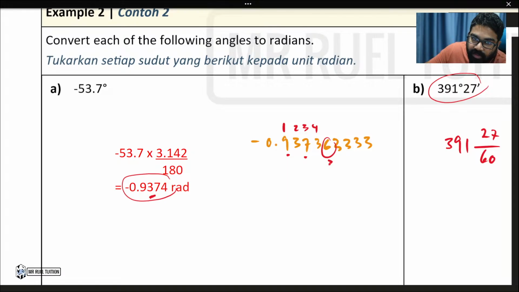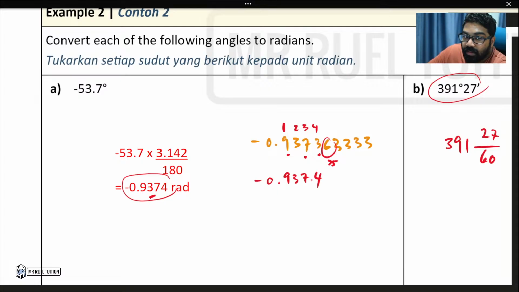Lebih daripada 5. So what do we have to do? Kalau angka seterusnya lebih daripada 5, this one we have to tambah 1. Betul tak? So negative 0.9374. So kalau yang bagi 9373 itu, maybe you didn't round off. Awak tak bundarkan, awak ambil jawapan saja.